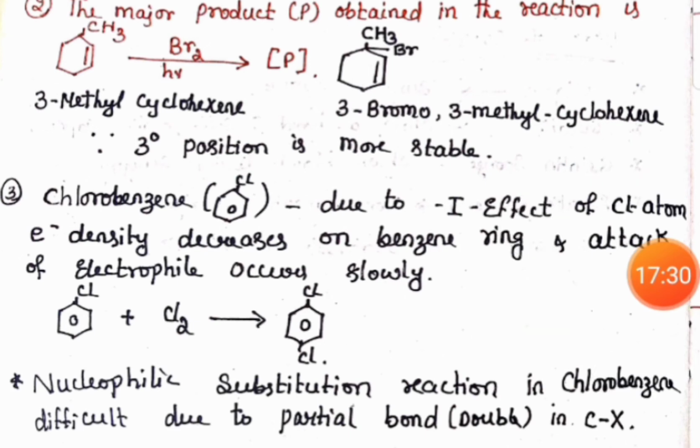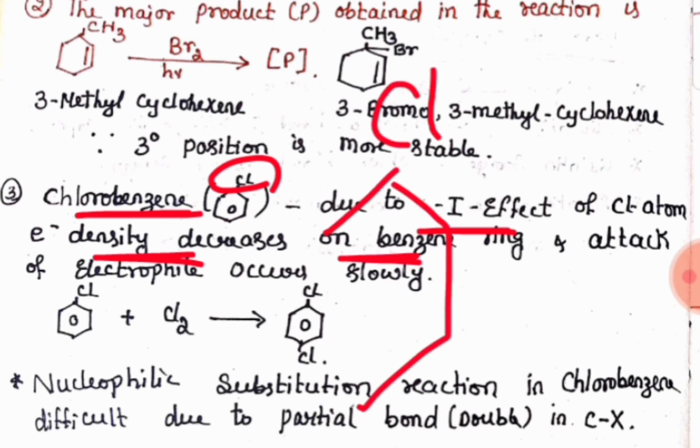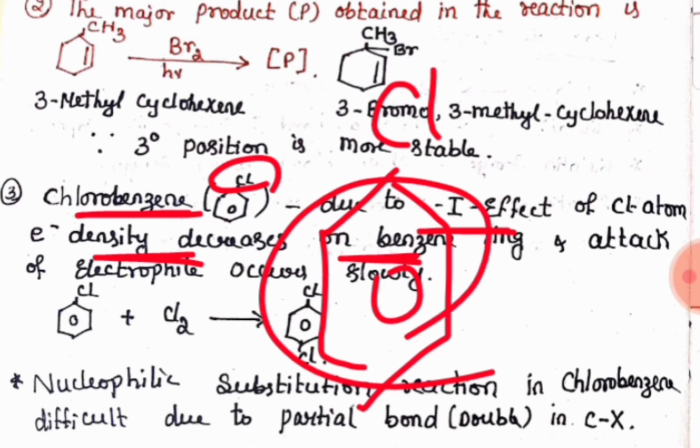Now we need to remember that in chlorobenzene, due to the negative inductive effect of the chlorine atom, the electron density is going to decrease on the benzene ring.